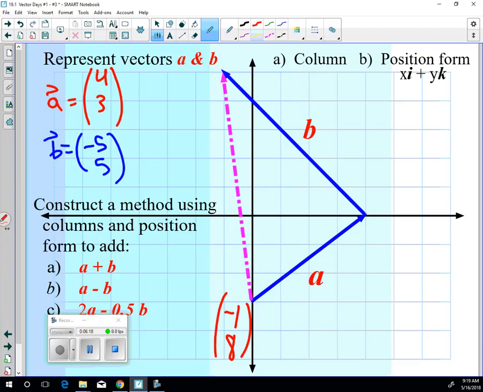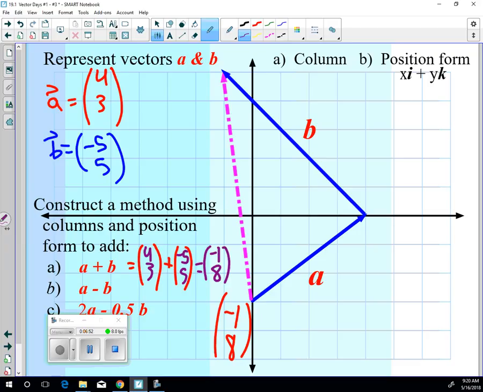You okay with that? But watch this. Let's do this with column vectors. You're going to have 4, 3, and negative 5, 5. Instead of drawing these and doing all this adding and junk, look what happens when we add across the top. 4 minus 5 is negative 1. 3 plus 5 is 8. Again, math easy, concept hard.